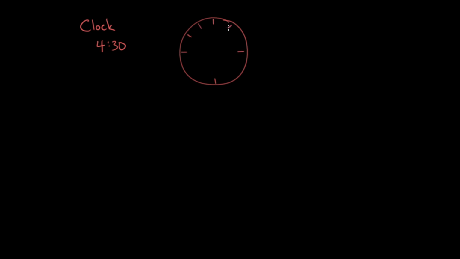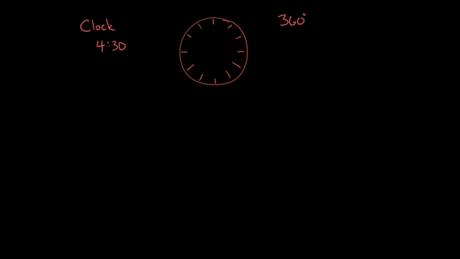If I want to figure out angles formed by the hands at a certain time, I need to know a little bit about the degree measures involved in this circle in general. One thing I should note is that one trip around a circle is in fact 360 degrees.